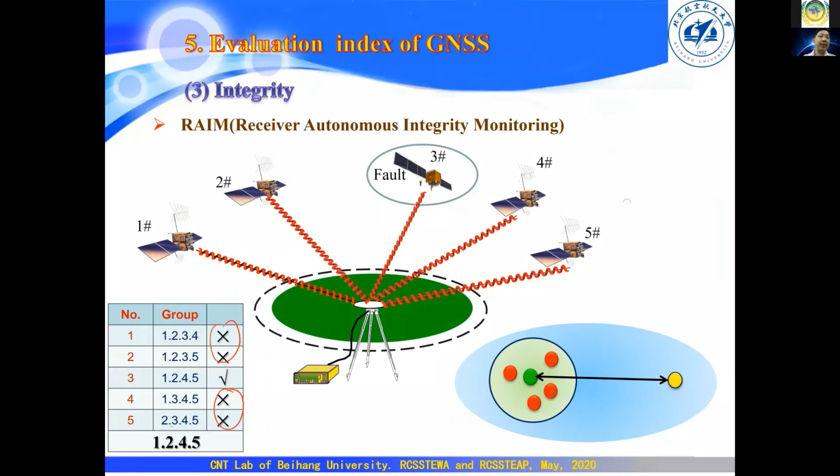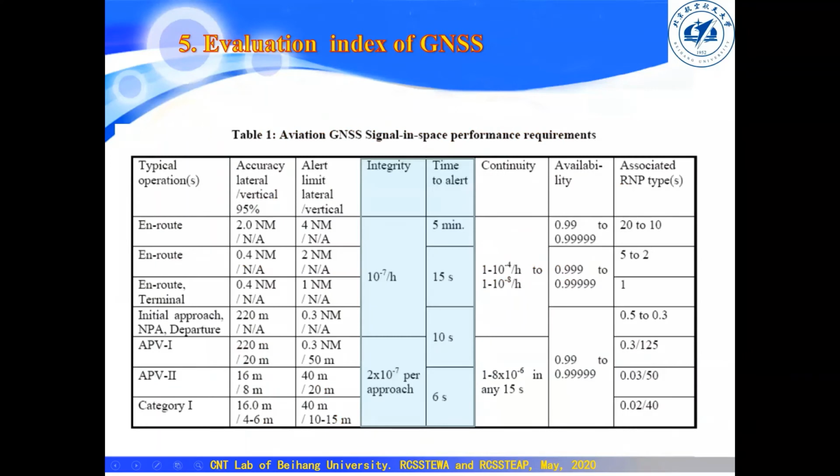That means the error is equal to satellite number 3. So we can kick this satellite out and not let it be involved in the positioning. Okay, so this is the signal performance of the receiver.